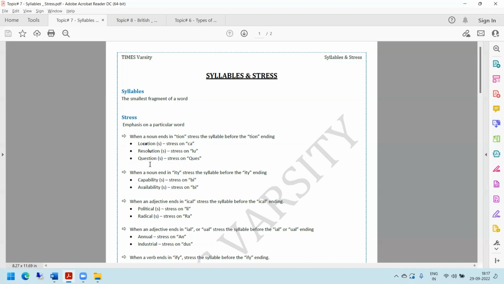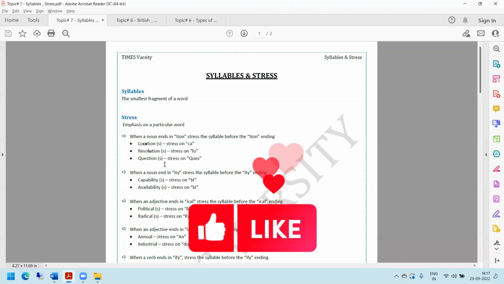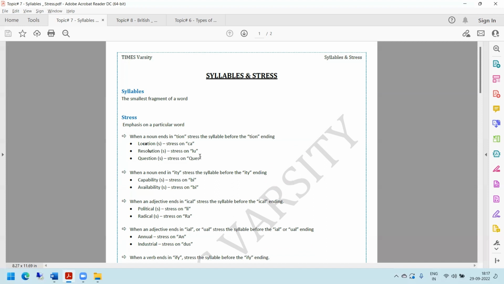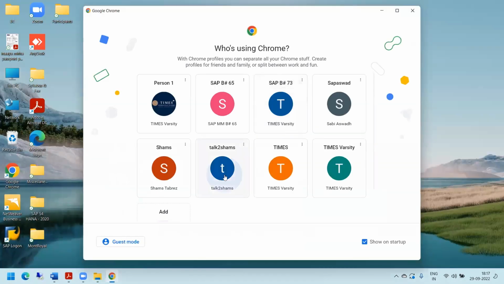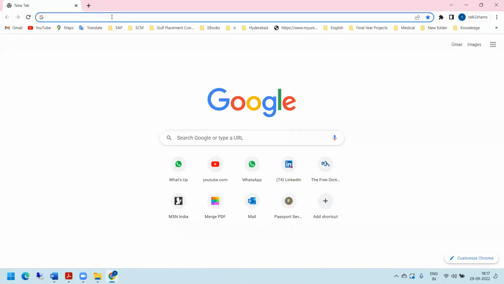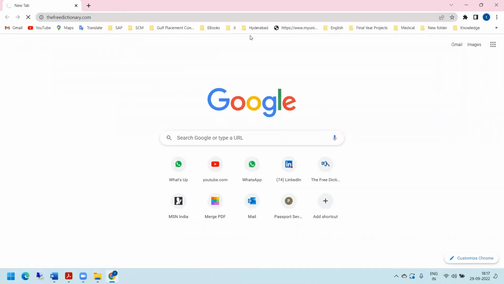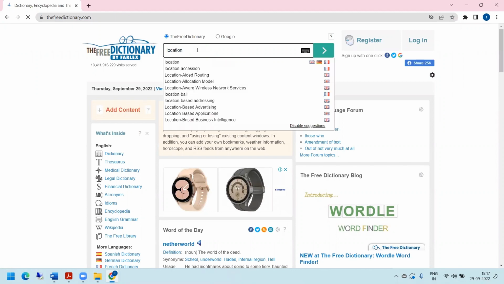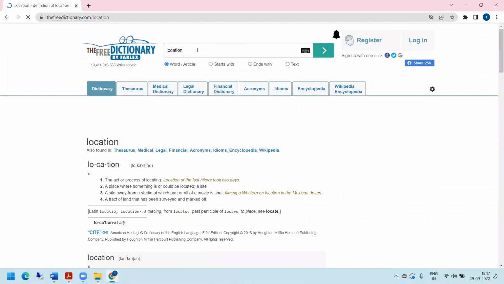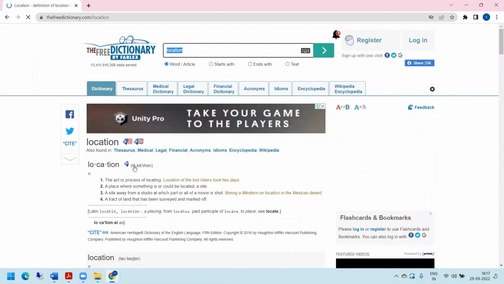Similarly, it should be question. We need to stress on question. Okay, so look at the dictionary. Now I'm going to put location. It should be pronounced as location. Can you see here?